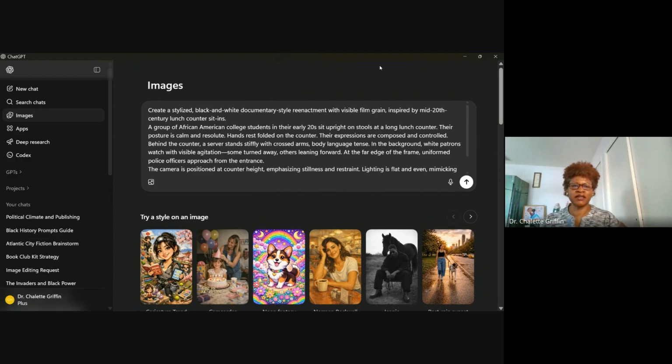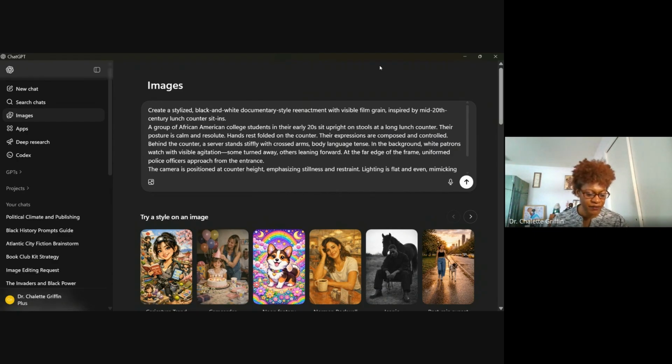Right at the beginning, it says create a styled black and white documentary style reenactment. So right there we have the style, which is the black and white documentary. And then we have, let's see, with visible film grain.